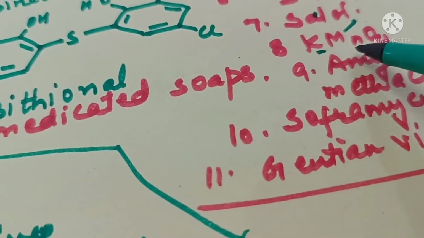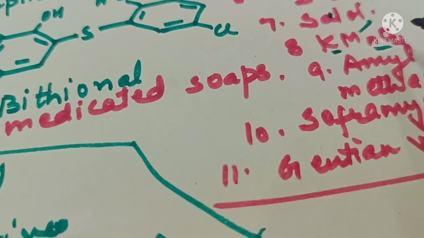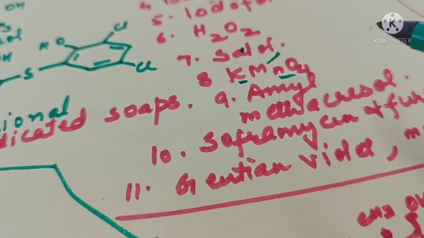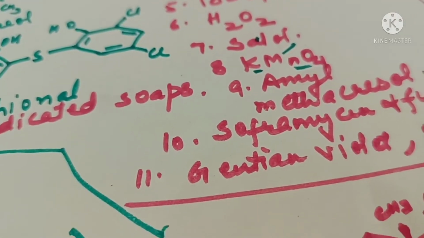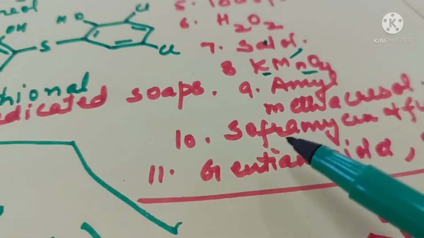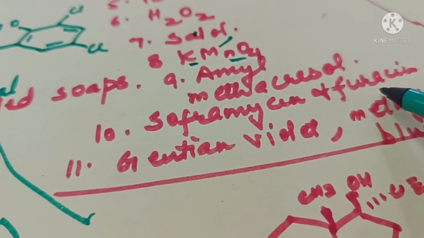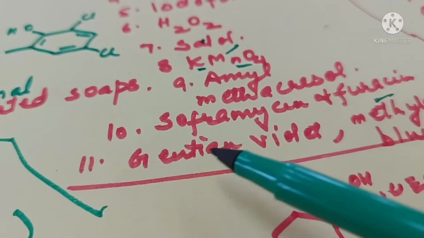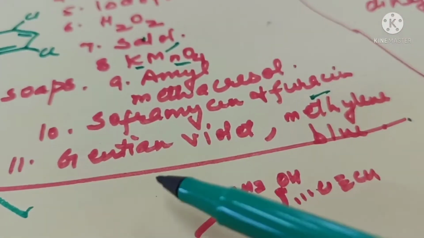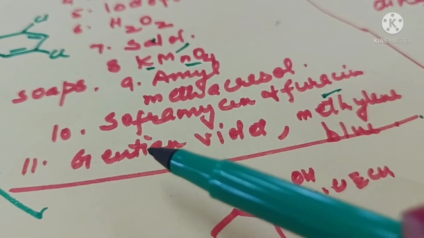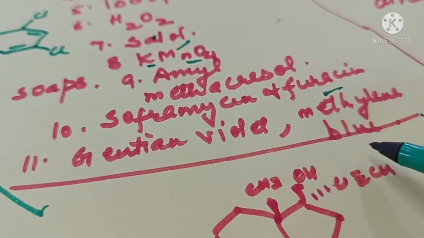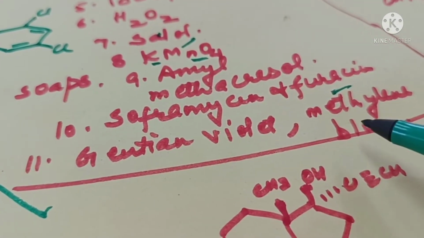Then KMnO4 solution, dilute solution, can also be used as antiseptic solution. Then amyl metacresol can be used as an antiseptic. Soframycin and furacin creams can be used as antiseptic creams to treat wounds, etc. And some dyes such as gentian violet and methylene blue can be used as antiseptics.